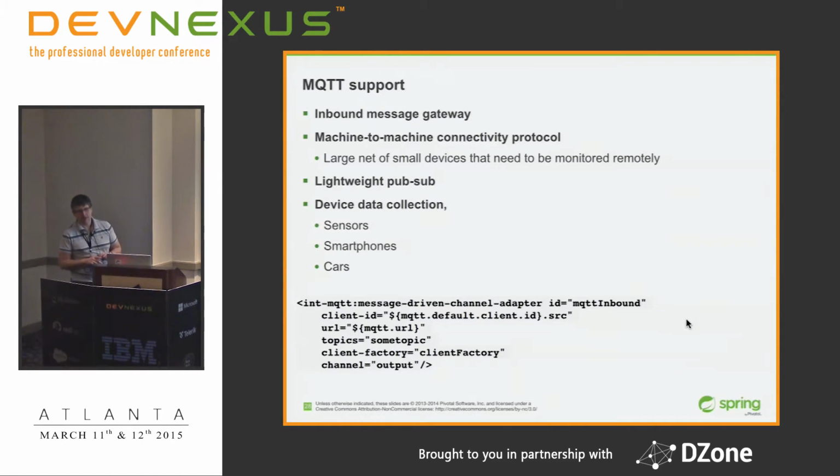What Spring Integration did in this case is provide support for creating a server and for listening to these incoming messages. The main mode of use of MQTT is inbound, and basically creating a channel adapter where you can process messages that are sent by your sensors and devices over MQTT.